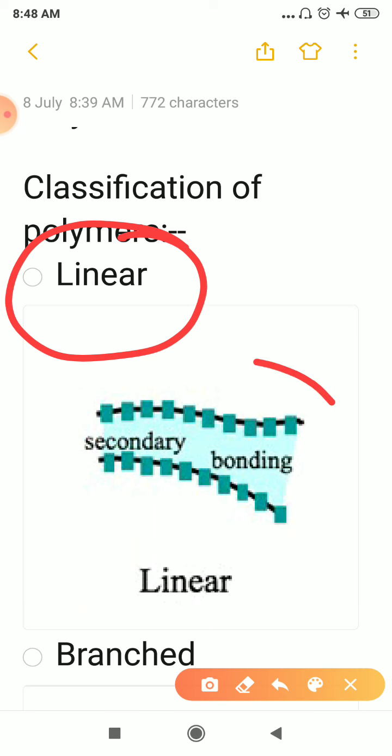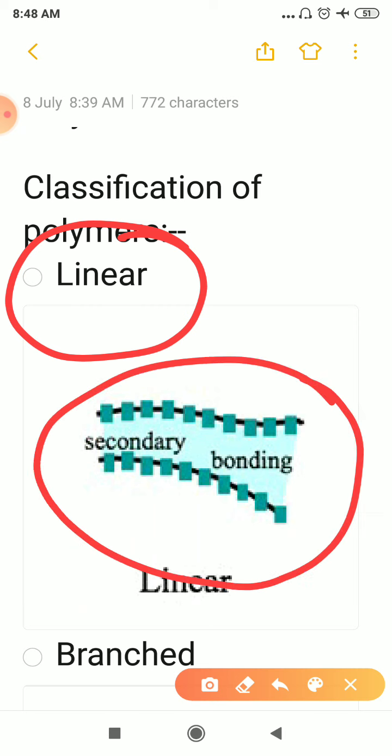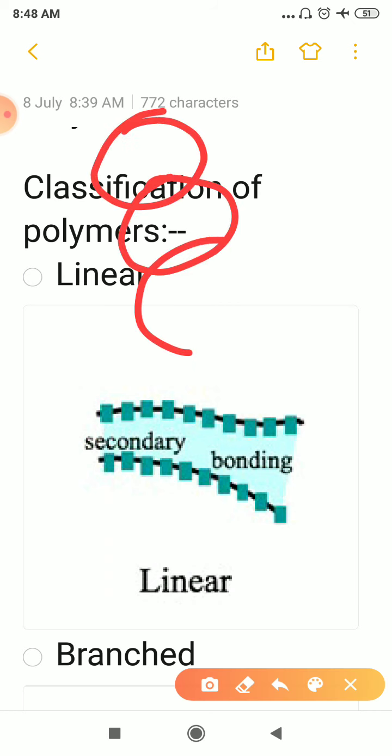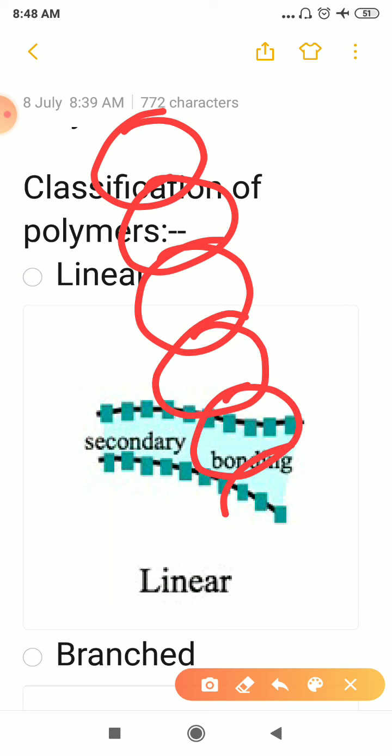By seeing the figure itself, you can assume what we mean by the word linear polymer. Linear means one single part is joined to the other single part in a straight manner.